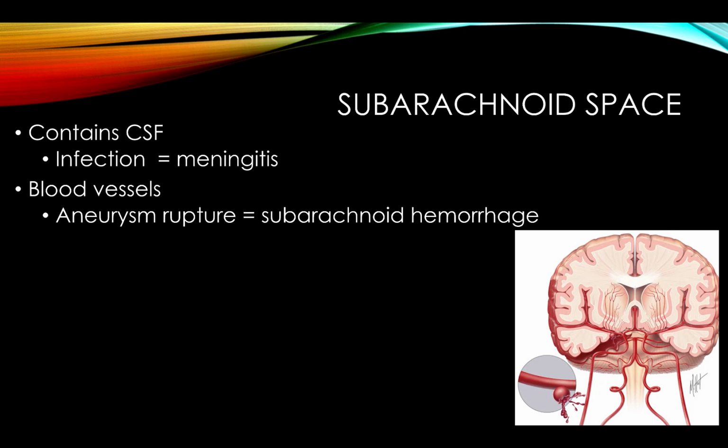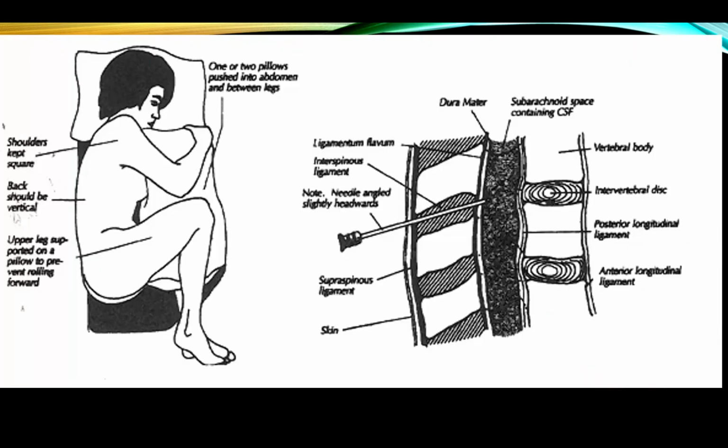Okay, the other thing that can go wrong that can involve the subarachnoid space is that we can have an infection. All right, and so this is known as a meningitis. And we'll say a little bit about this here at the end of the lecture. For both of these conditions, we have abnormal cells: red blood cells in the case of a subarachnoid hemorrhage, white blood cells, inflammatory cells in the case of a meningitis. And so in both of those cases, it's helpful, always in the case of a meningitis, to get some fluid from the subarachnoid space. Right?